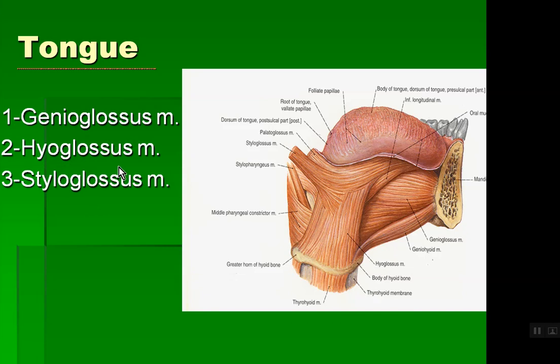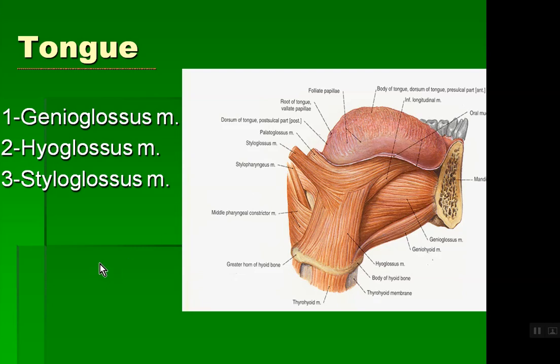In the tongue we have two kinds of muscles. One of them is the extrinsic muscles, and the other is the intrinsic muscles. The extrinsic muscles are the muscles of which one end, for example the origin or insertion, is in another part, and the other is located in the tongue.